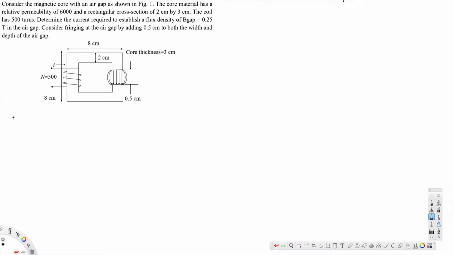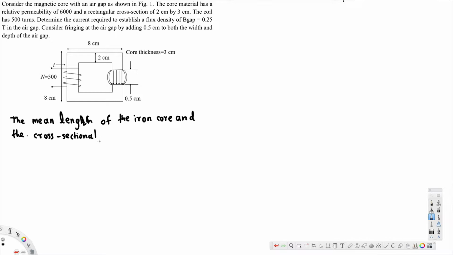First, I'm going to write the mean length of the iron core and the cross-sectional area, that's what we are going to calculate.